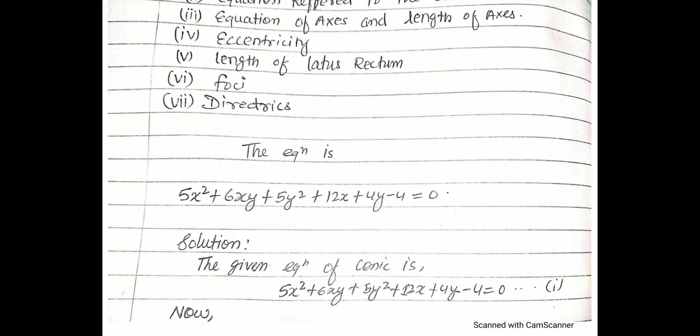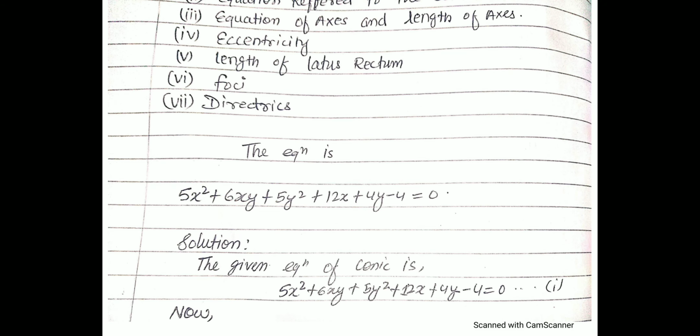So let's write the equation, that is 5x² + 6xy + 5y² + 12x + 4y - 4 = 0. Let's solve this. The given equation of the conic is 5x² + 6xy + 5y² + 12x + 4y - 4 = 0.